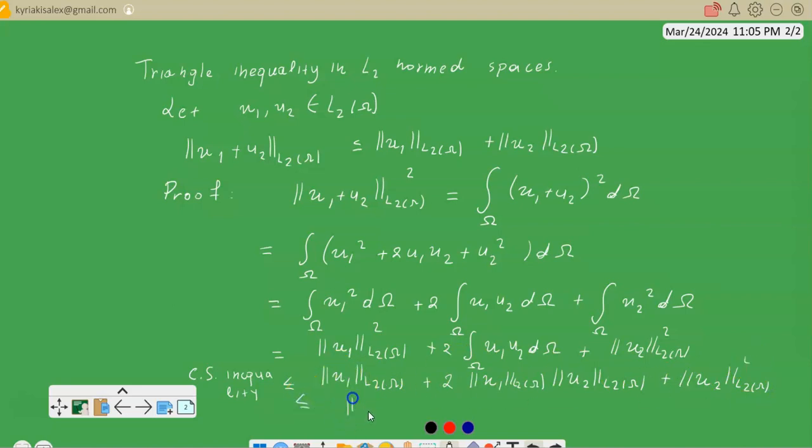Of course, this can be written as norm of U1 plus norm of U2, squared.